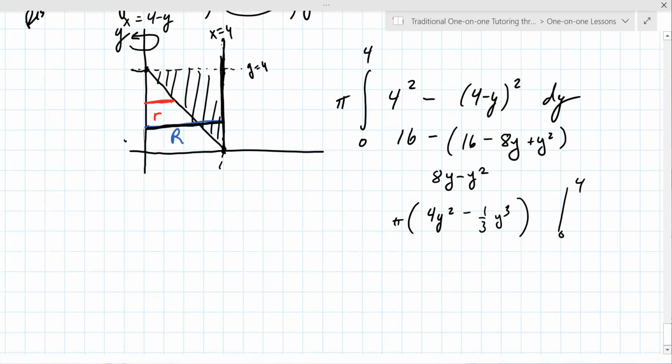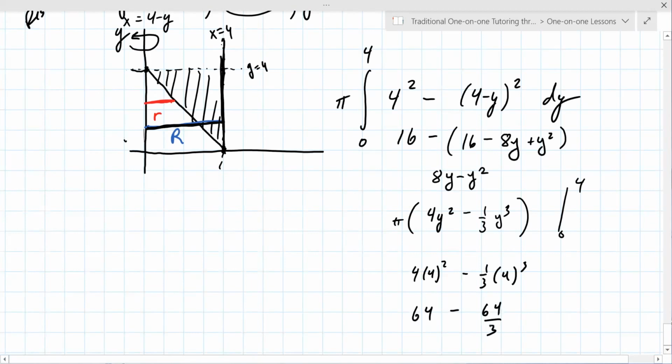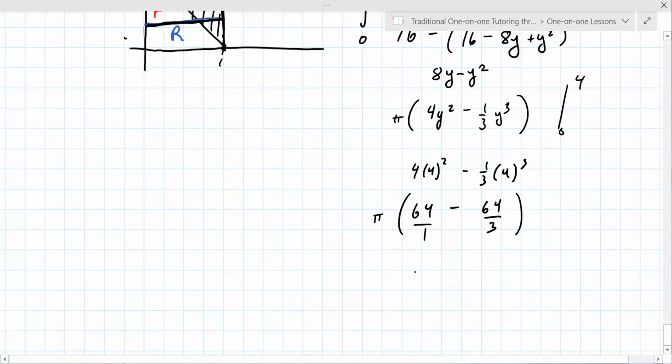So then it's 4 times 4 squared, which is 16, minus 4 cubed over 3, 64 thirds. 64 minus 64 thirds.